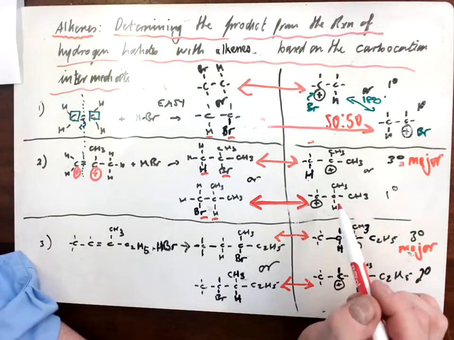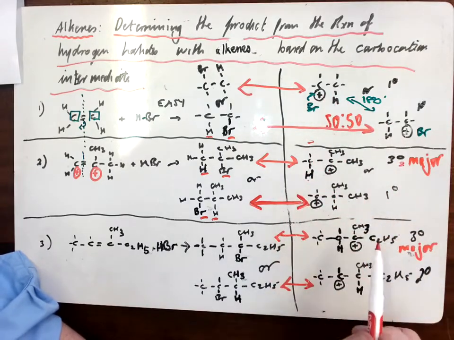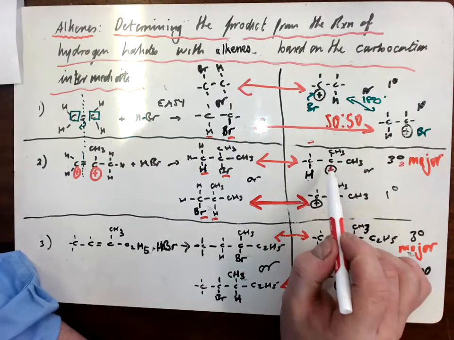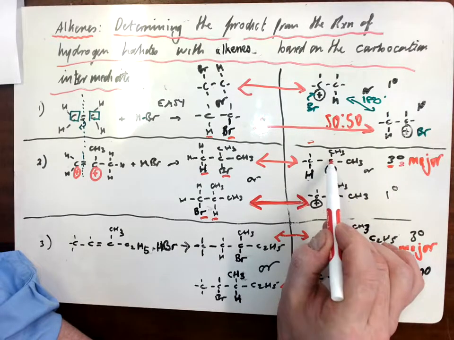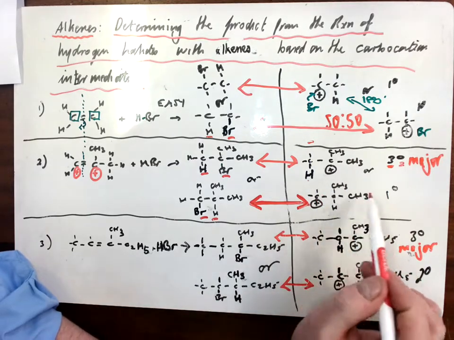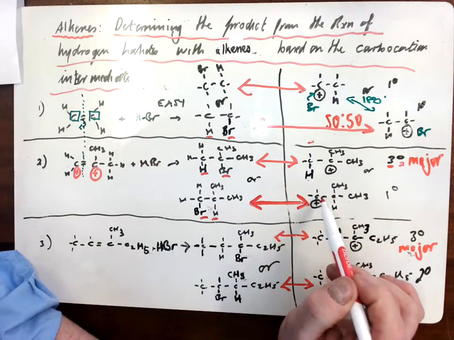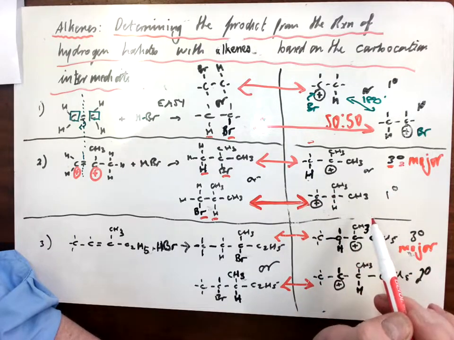Well, we have different types of carbocation this time. Unlike here where the two carbocations were identical, this time we have what's called a tertiary carbocation. So my carbocation, my positive carbon, is attached to 1, 2, 3 other carbons. That's tertiary. And down here my primary carbocation is attached to only one other carbon. So this is a primary carbocation.